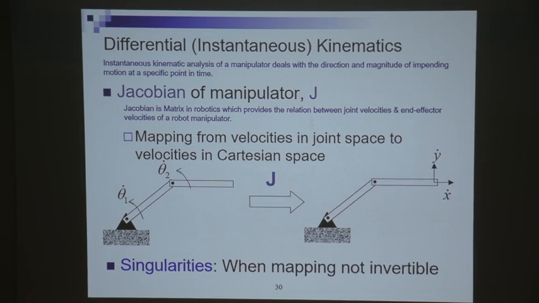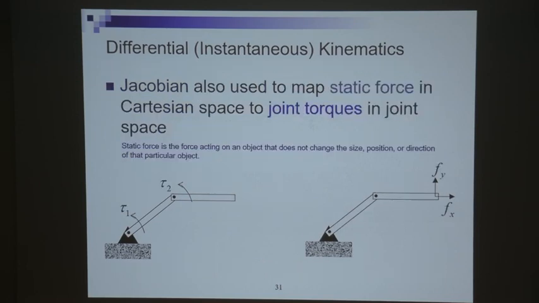The Jacobian will also be used to map the static force. We mentioned statics just now, the equilibrium situation. The static force is the force acting on an object at equilibrium that does not change the size, position, or direction of that object.